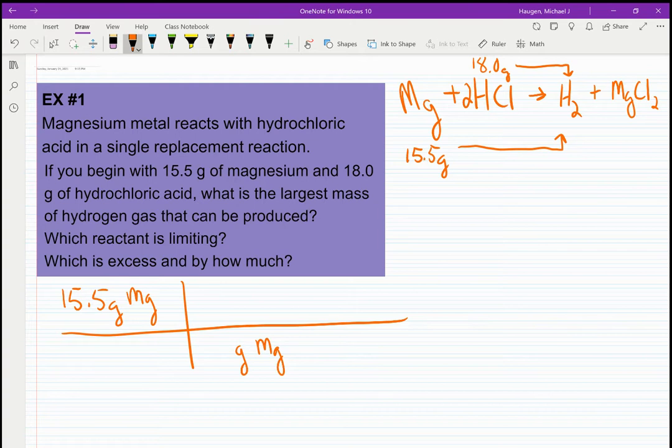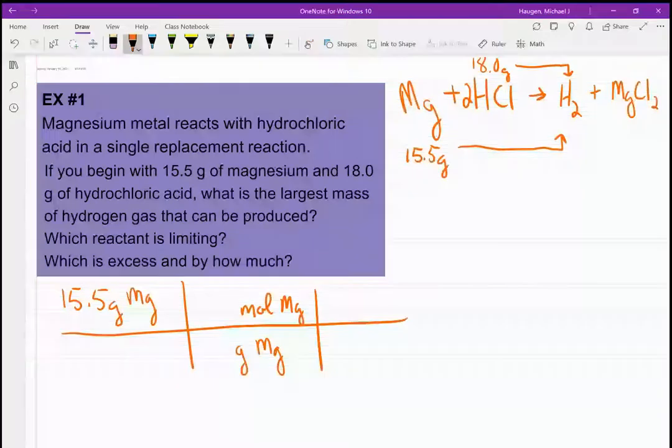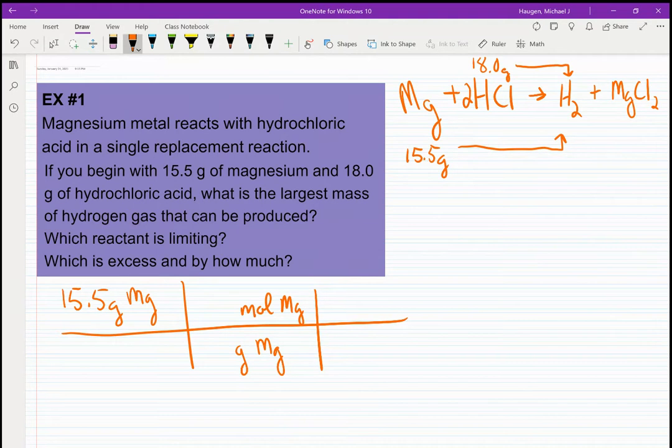We're trying to make a prediction about hydrogen gas. So I do moles of magnesium up here. And automatically, I know I'm not trying to find moles of magnesium, I'm trying to find hydrogen gas. It says, what is the largest mass? I'm trying to find grams of hydrogen gas. So I have to do moles of magnesium.